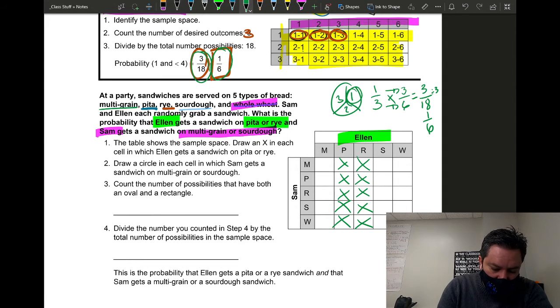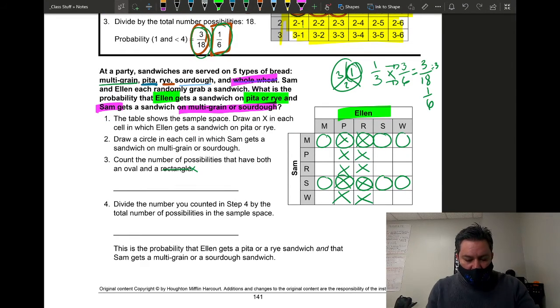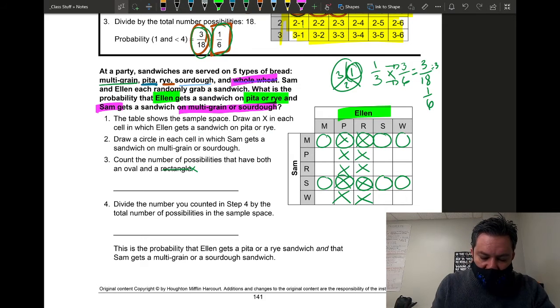And then draw a circle in each cell in which Sam gets a sandwich on multigrain or sourdough. So we're gonna put a circle on this. Okay, so now we're gonna count the number of possibilities that have both an oval and an X.